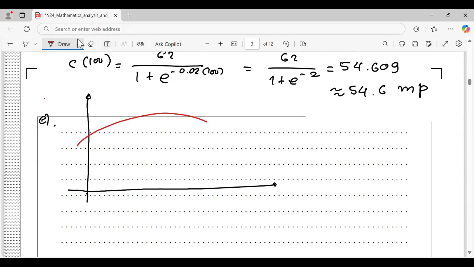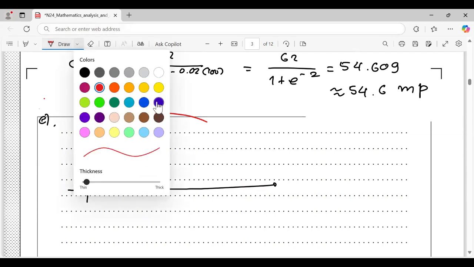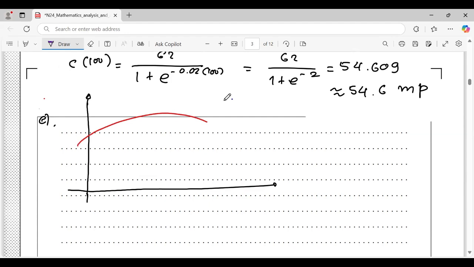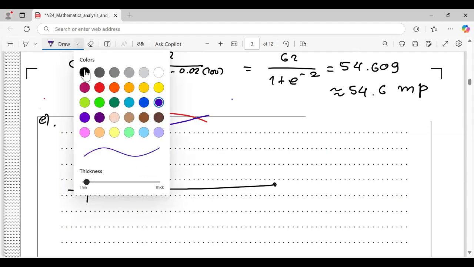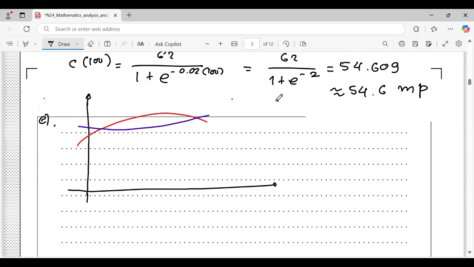This line is for Cecilia's model, C(t), and this one for B(t).